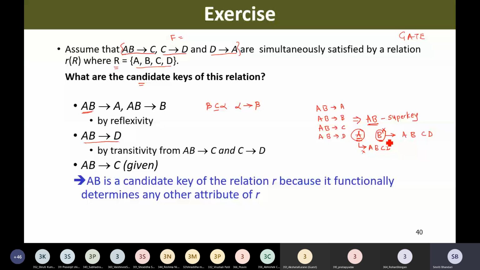But if I am having this combination AB, it will determine all the attributes of my relation. So I may declare that AB is my candidate key.